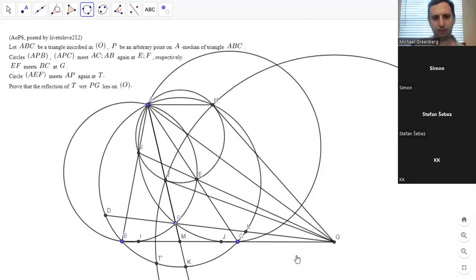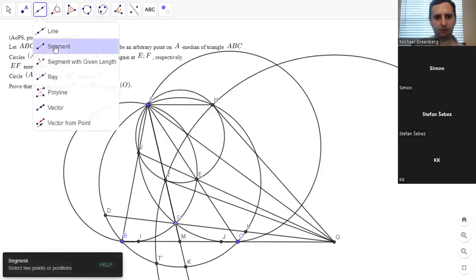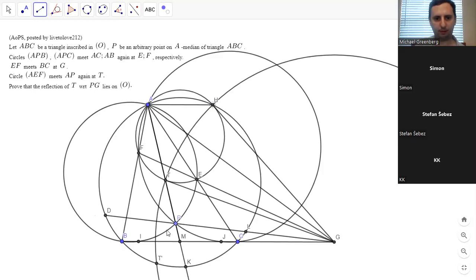So if P is the midpoint of this chord and PK is equal to PT prime, then that means HP and T prime should be collinear. Symmetry. Oh no, that's not true. Does that mean that P is not really the... Oh no, never mind.